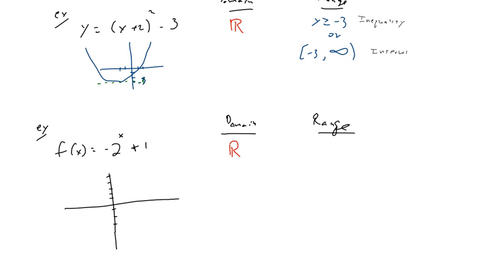This is exponential. So I'm going to have, at positive 1, here's my y-intercept, at positive 1, my vertical shift. I'm going to have some dotted lines there. And it's going to go something like this. It's going to go something like a straight line and then kind of curve down like that.